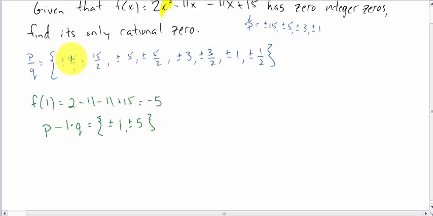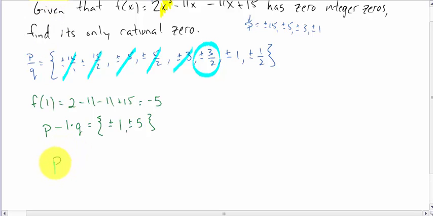So let's go through. 15 minus 1, that doesn't work. 15 minus 2, that doesn't work. 5 minus 1 is 4. That's not going to happen. 5 halves, 5 minus 2, no. 3 minus 1, no, that won't work. 3 minus 2, that's going to be 1. What about negative 3 halves? Negative 3 minus 2 is negative 5. So both of those are solutions.